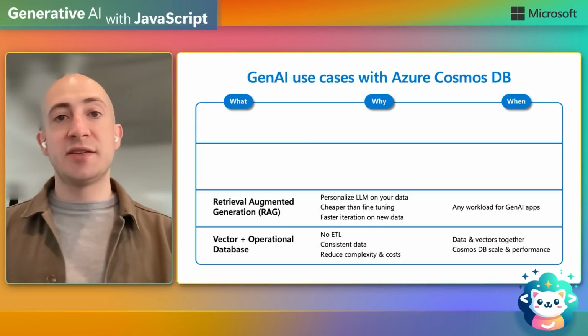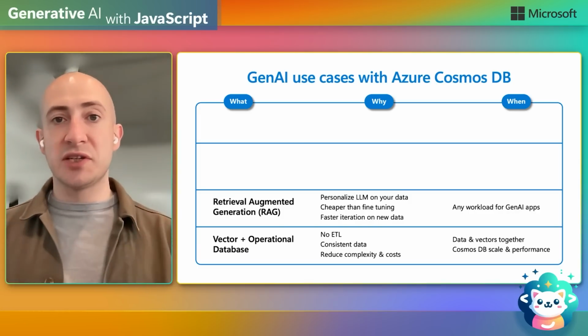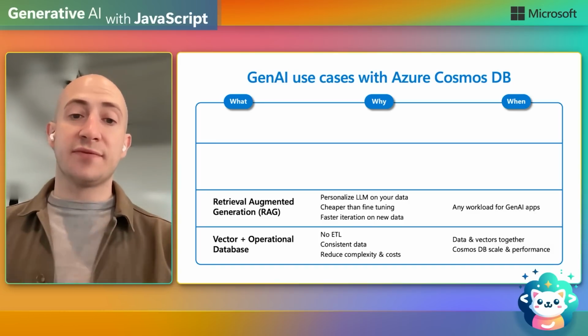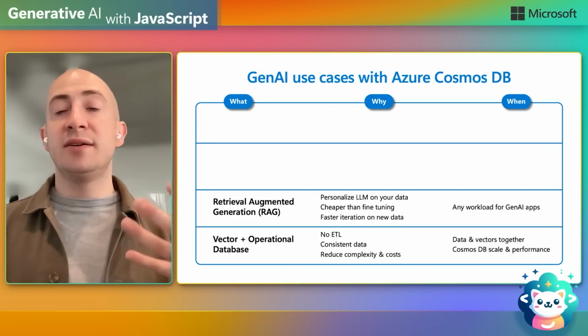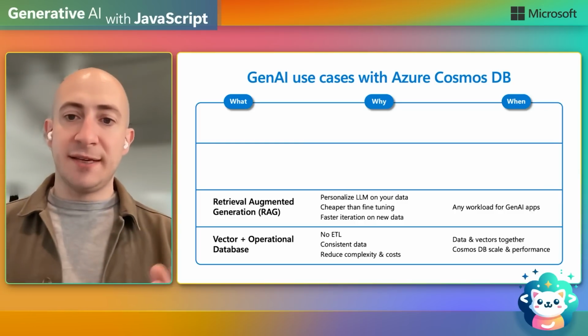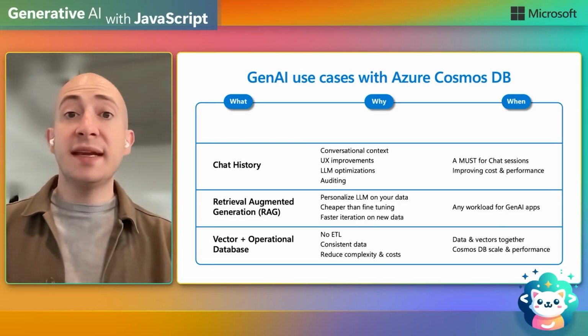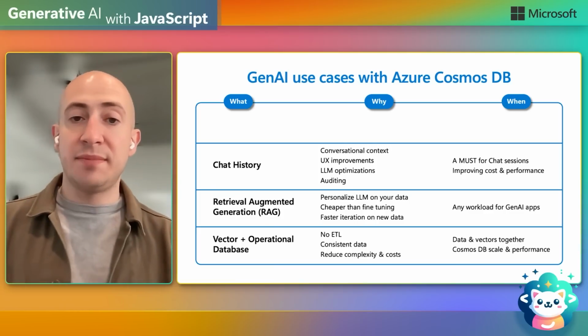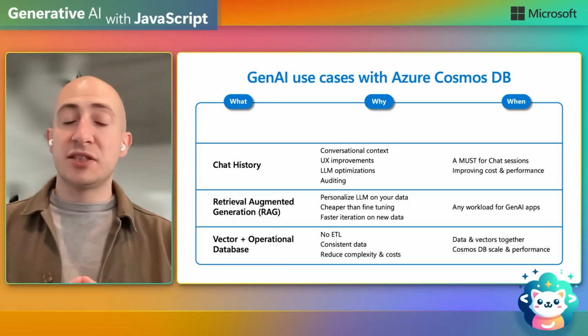Built on top of that is this notion of retrieval augmented generation, bringing your own data to a large language model so you can personalize it for your scenario. And you can do this today with very high speed, high efficiency using Azure Cosmos DB. Chat history: I talked about how OpenAI uses Cosmos DB to maintain chat history for ChatGPT.